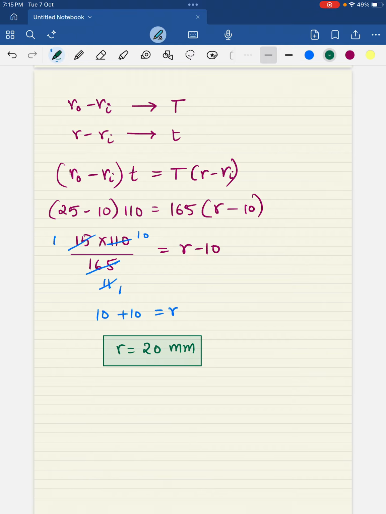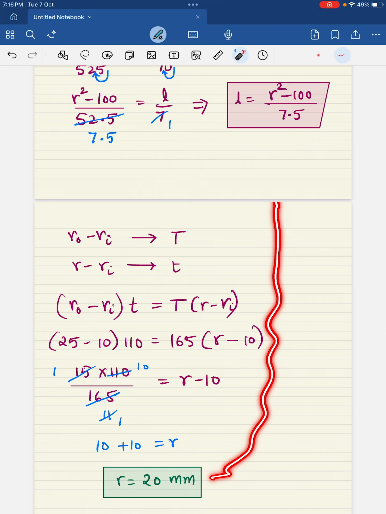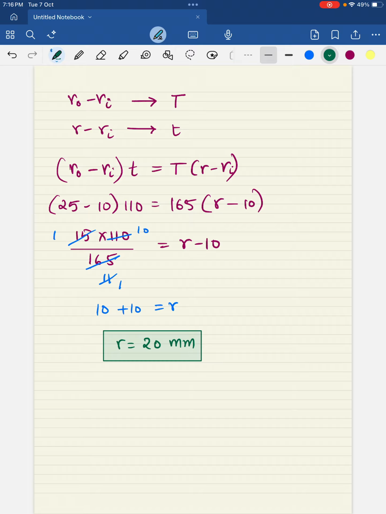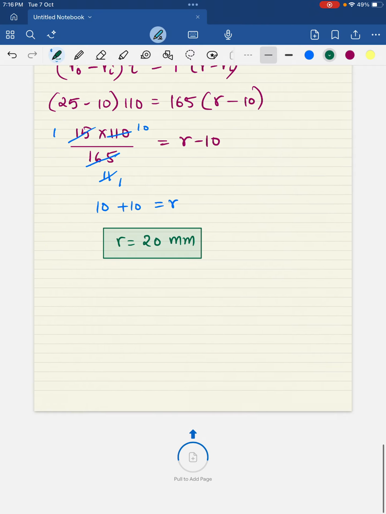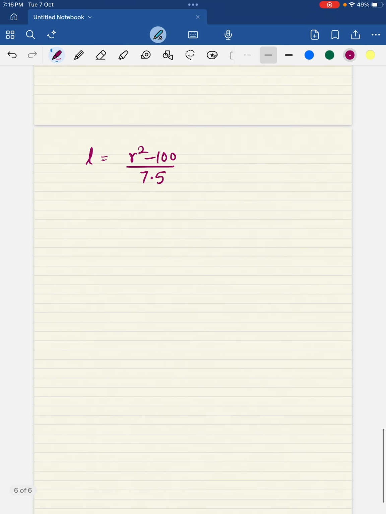So since I have the value of R now, I can substitute that value over here in the equation of L. So let's do that and try to get this. So my equation is L equal to R square minus 100 upon 7.5. Just let me check if I'm not wrong. R square minus 100 upon 7.5. Yeah.